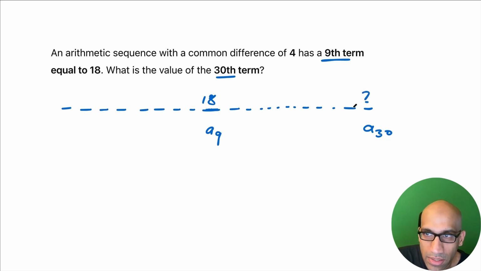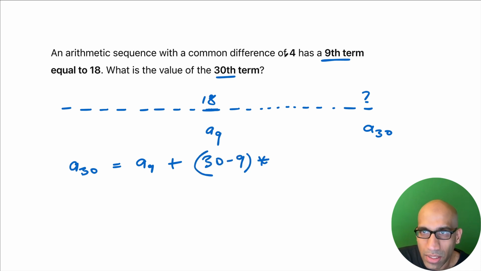To solve this problem, you only need one important idea, and this idea is this formula: A30 is equal to this number A9, this number 18, plus the difference 30 minus 9, so it's going to be 30 minus 9 multiplied by the common difference.